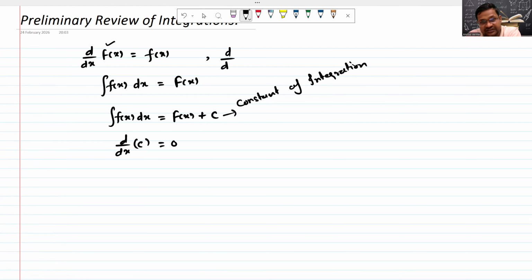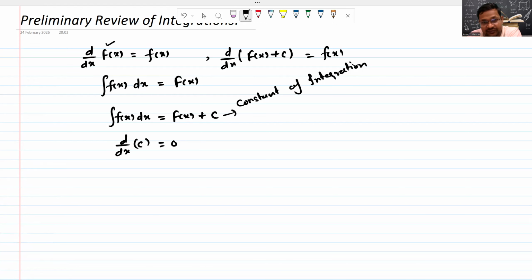If you differentiate capital F(x) plus c, you will again get small f(x). So if you simply integrate this small f(x), you must add some constant, depending on the curve and so on.